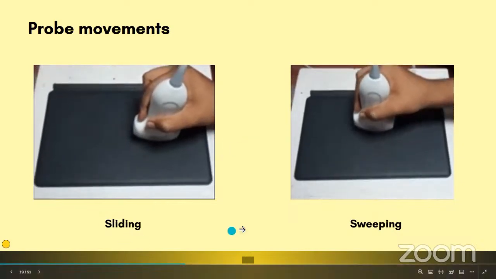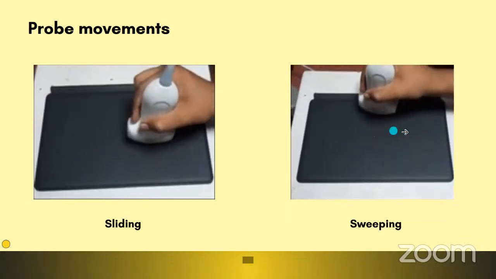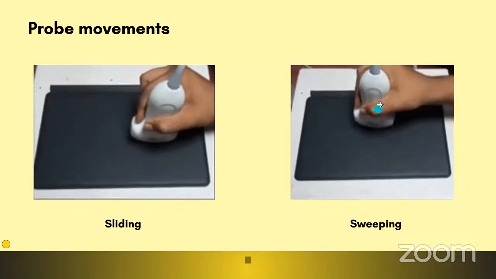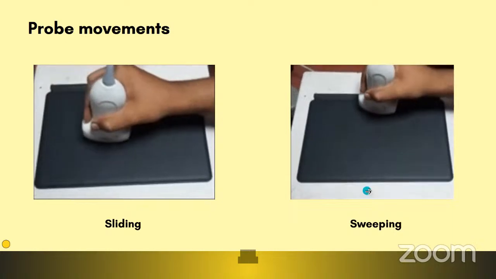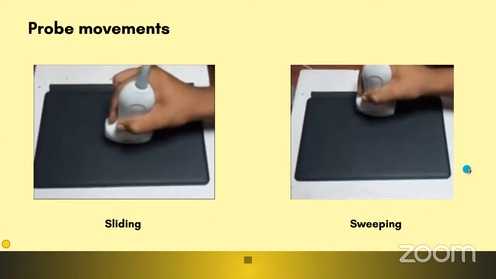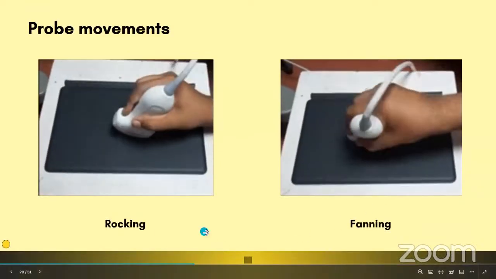Yeah, this is sliding. Sweeping is going along the short axis. If this is the long axis of the probe, this is the short axis, and you're going across the short axis. This is sweeping, very similar to sweeping with a broom, hence the name. Moving on, the next two are rocking and fanning.